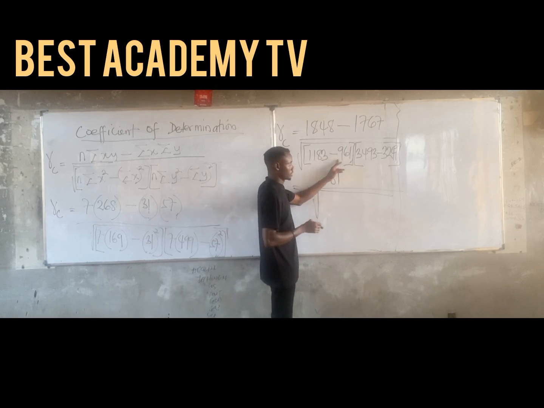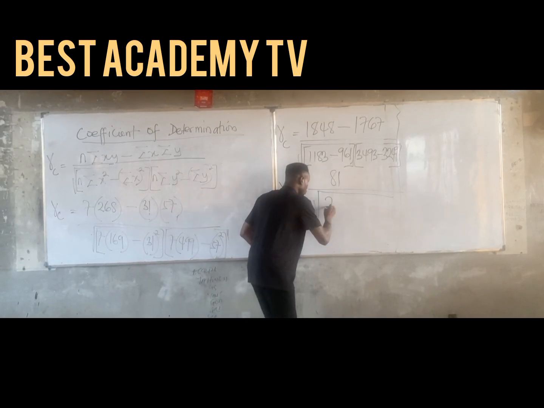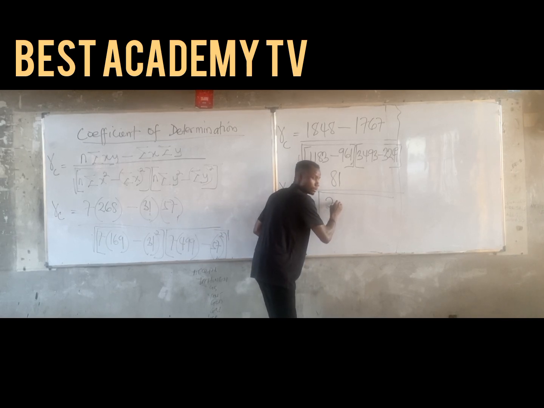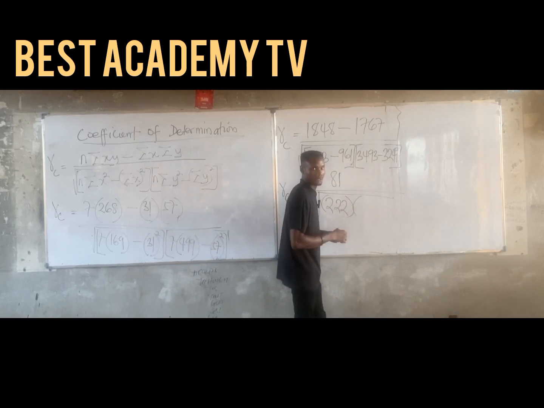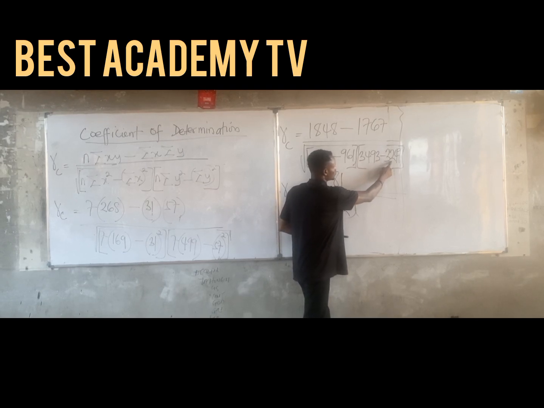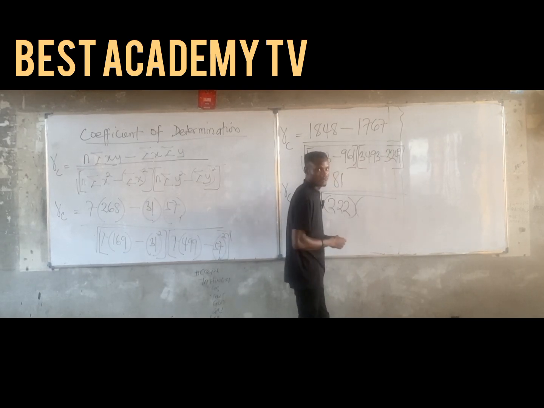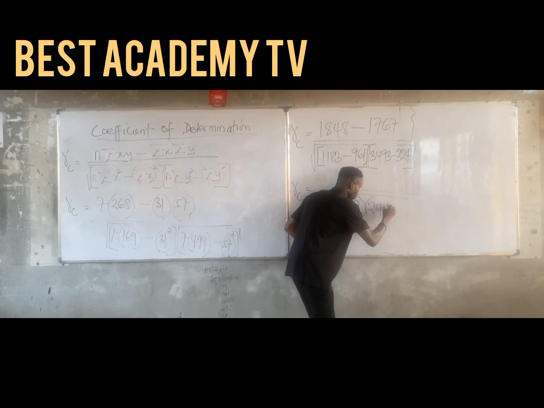This minus this will give us 222. Okay, that is for this. Now this minus this, what is the answer, please? That is 3493 minus 3249, which is 244. Okay, please take note.